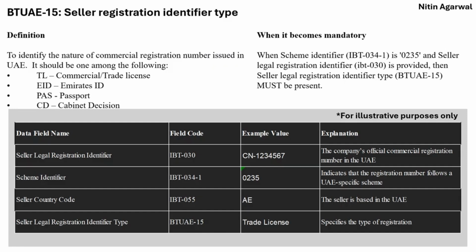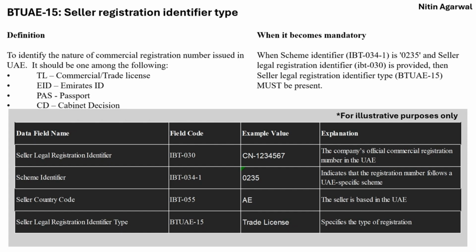The seller registration identifier type data field specifies the nature of commercial registration number issued in the UAE. It can be among the trade license, Emirates ID, passport, or a cabinet decision. This field becomes mandatory when the scheme identifier is 0235 and the seller registration identifier is provided.